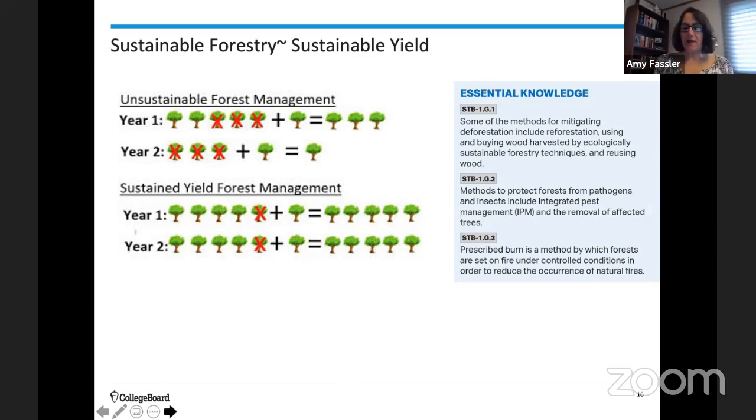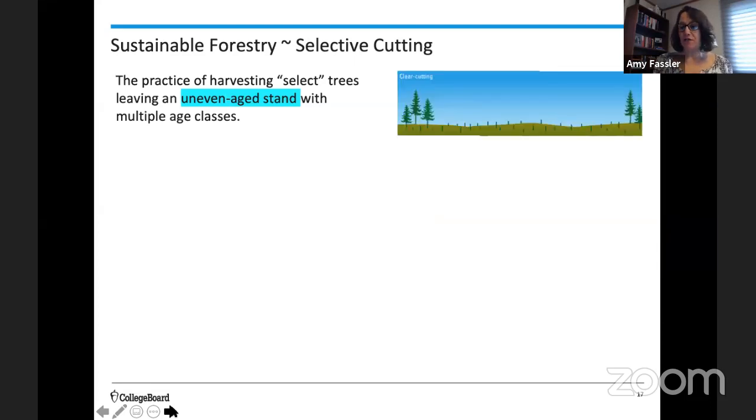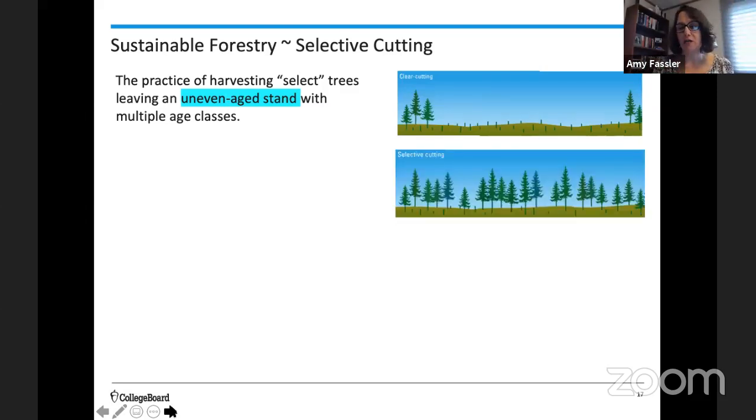So just remember that idea of sustainable yield really is going to apply when we review that idea of selective cutting. Practice of selecting certain trees within my stand. In clear cutting, that big piece of equipment comes through and plows out all of those trees. But in selective cutting, I'm saying, okay, here's how many trees I can take, but still leave a viable stand of trees.